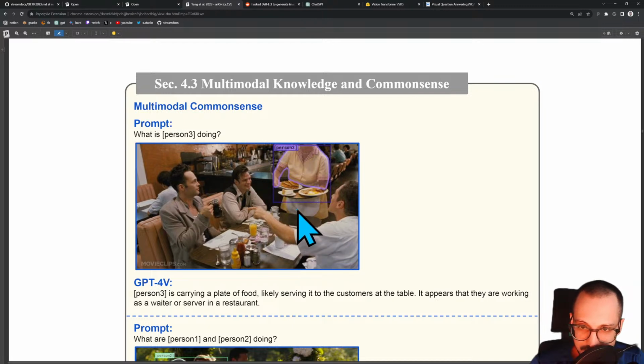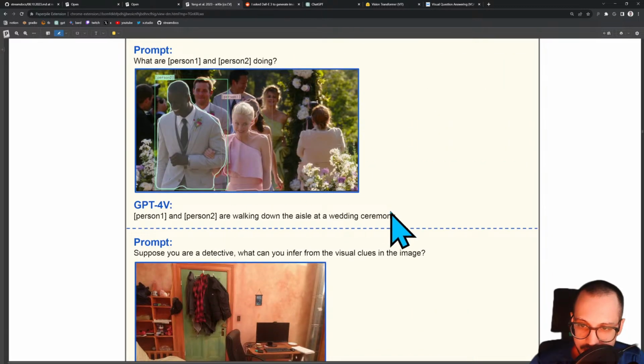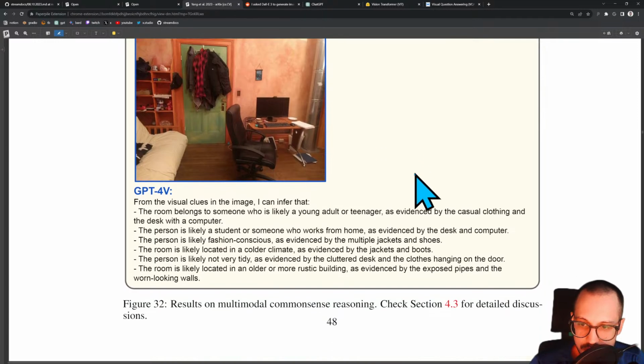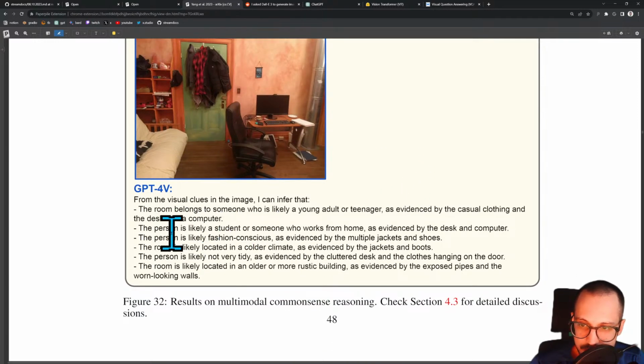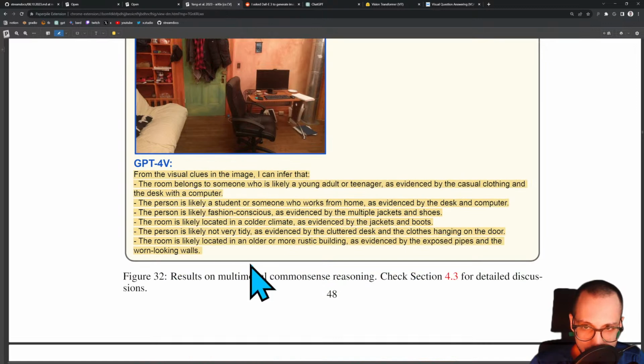Person 3, you have a little bounding box around person 3. What are person 1 and 2 doing walking down the aisle? Can you infer from the visual clues? Likely a student, fashion conscious, likely located in a colder climate. So think about this and realize that people are going to sell you ads based on this.